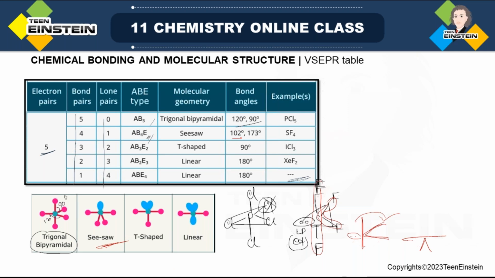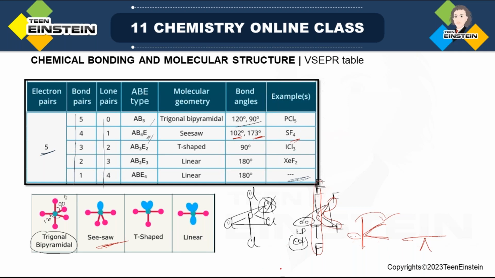Now here the angle is slightly different because you have replaced one bond pair with a lone pair, so obviously there will be some LP-BP repulsion. So the angles will change accordingly. Here the angles are now changed from 120/90 to 102/173. Though molecule to molecule there may be slight differences, more or less it is like this.